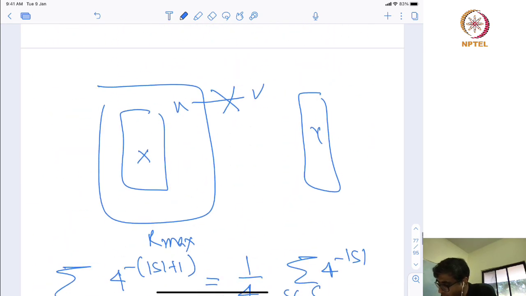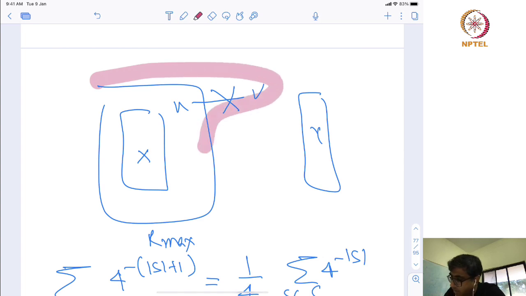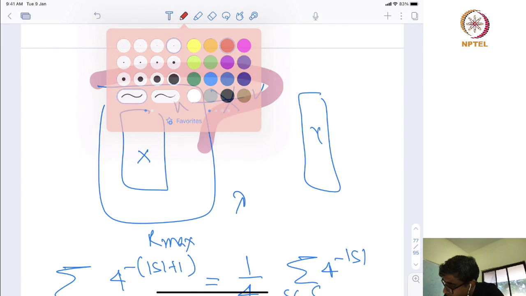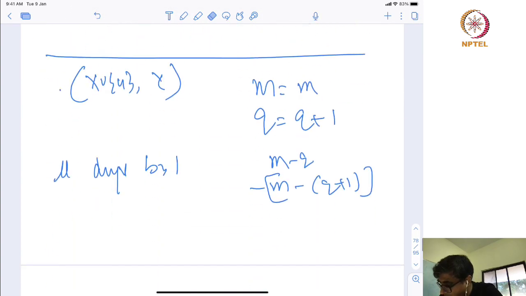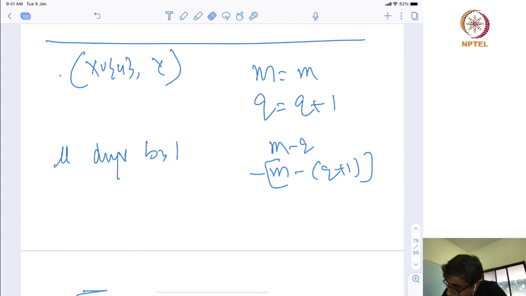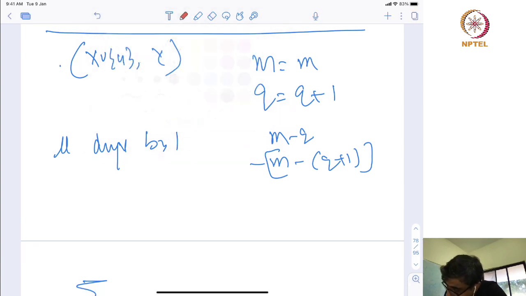In this case, because this was an R max, the moment you add V to this, lambda increases by 1. Mu drops by 1, but lambda increases by 1 too.